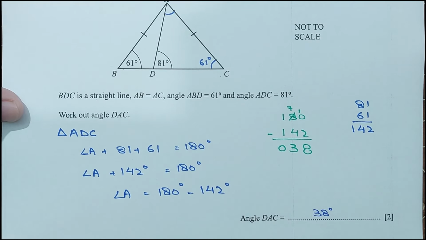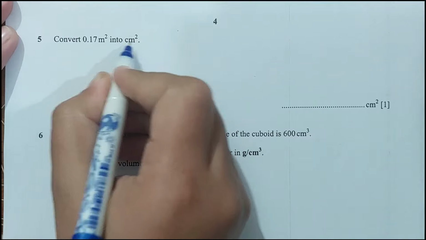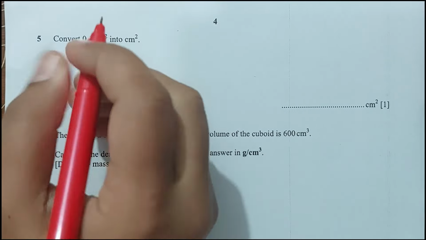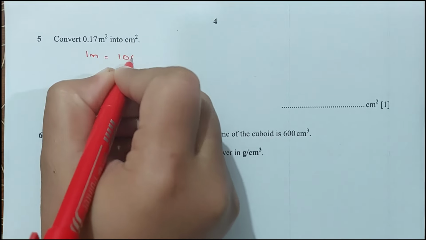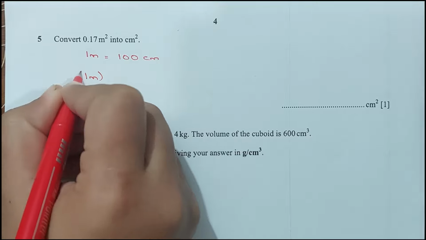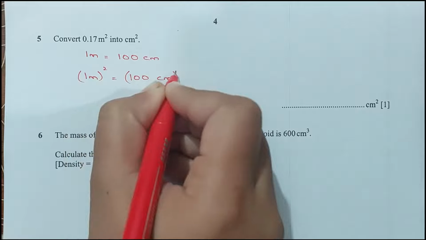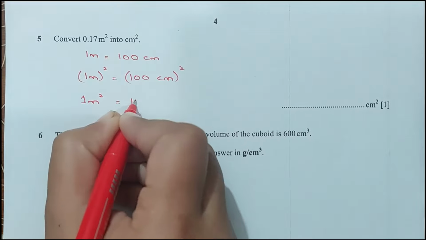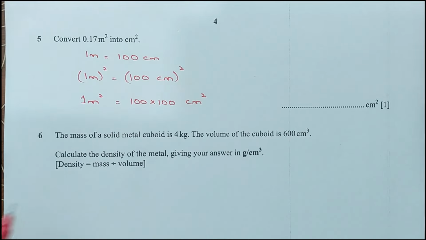All right. Question number 5, we have to convert 0.17 meter square into centimeter square. Okay, remember the conversion between meters and centimeters. 1 meter is equal to 100 centimeters, right? 1 meter squared equals 100 centimeters squared. So 1 meter square is equal to 100 times 100 centimeter square, right?